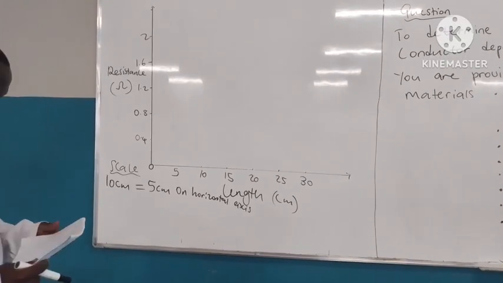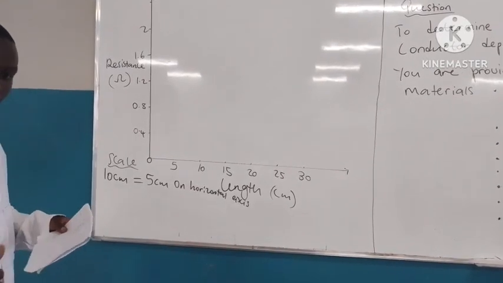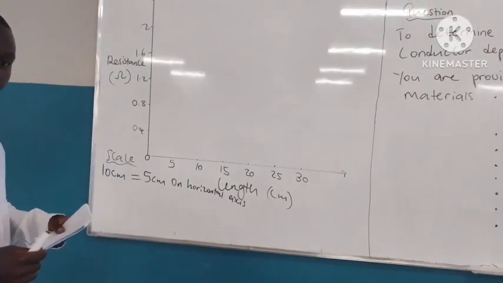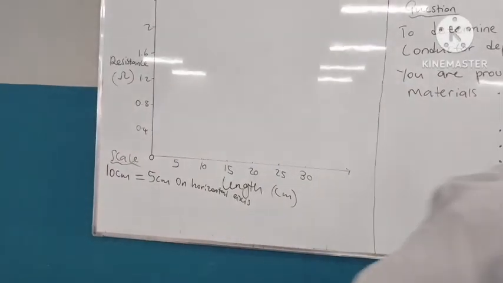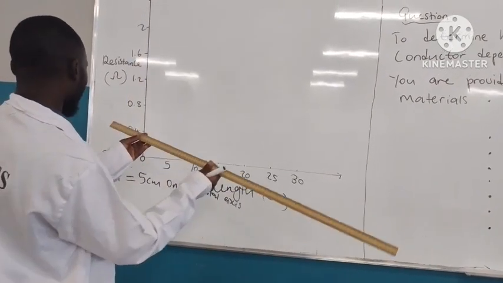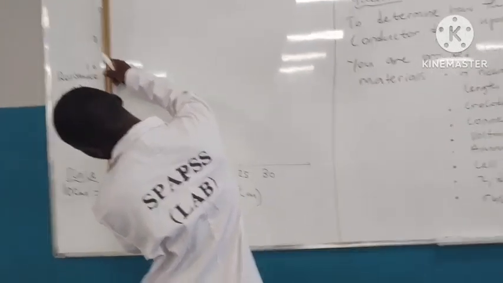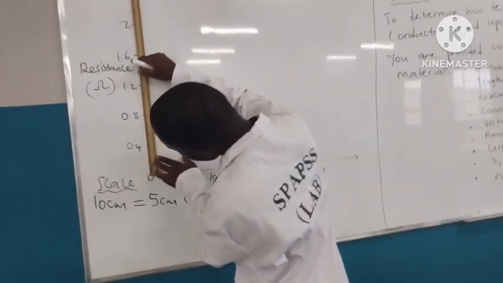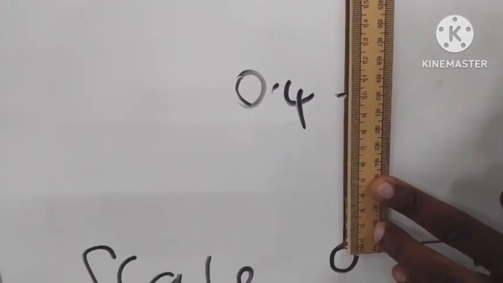When the length was 5, the reading for resistance is 0.3. It means I'll just measure where the 0.3 should be. As I have already said, we are using 10 centimeters to move from one point to another. So from here to here is 10, and I'll divide 10 by 3.